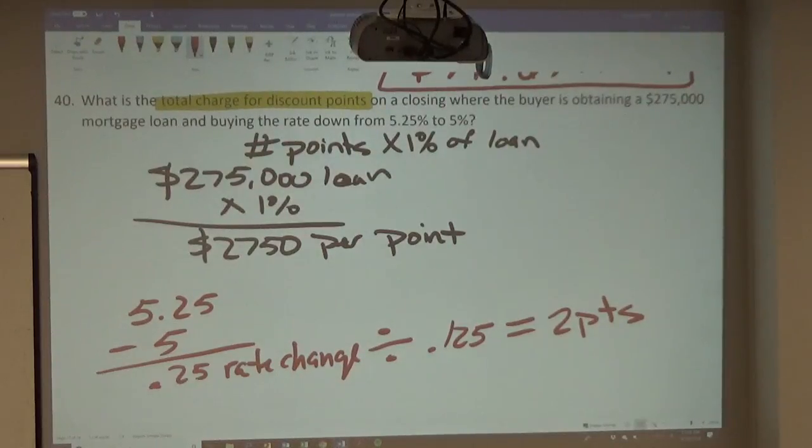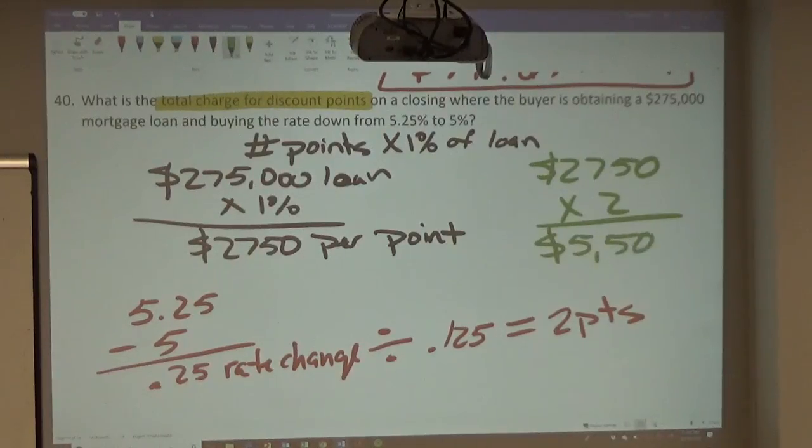Well, if each point costs $2,750 and we need to buy 2 of them, the total amount for that is $5,500. $5,500 total to buy those discount points.